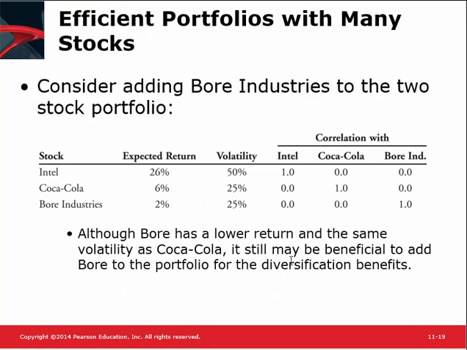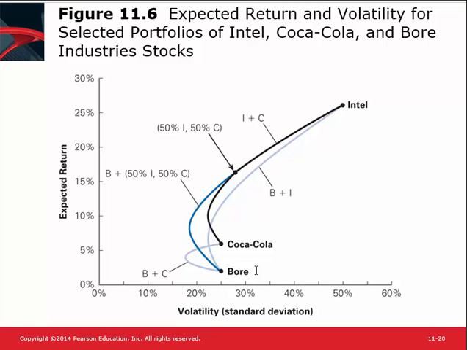So again, what if we add a third investment? We have different correlations, and in this case they're saying zero correlations between all of them. But here's Intel, Coca-Cola, and there's this Bohr industry. We want to add that. What does the picture now look like? Now you can see there are combinations between Bohr and Coke on this line, combinations between Coca-Cola and Intel, and combinations between Bohr and Intel.